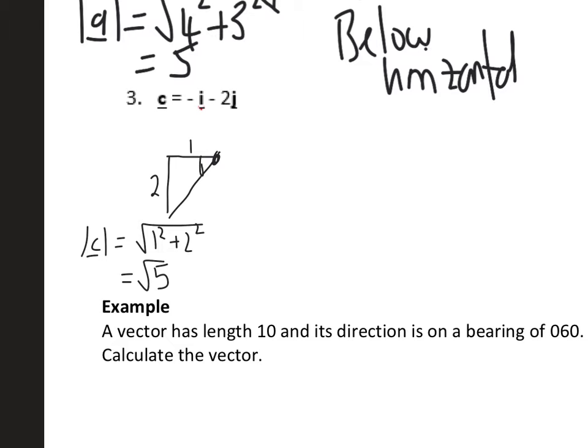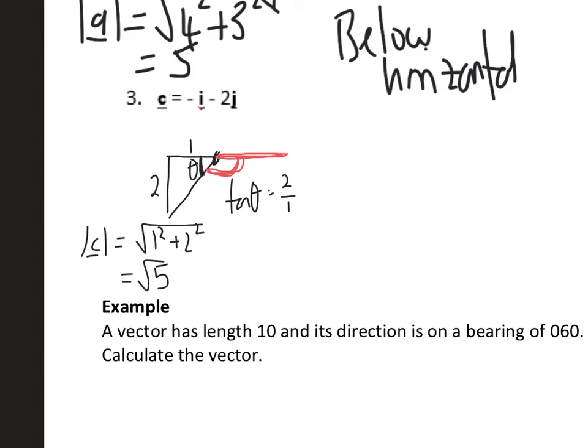And the angle, well, I want this angle here. Because the angle I want is this red angle here. Because if this is the positive horizontal axis, I want this one here. So I'm going to do tan theta is opposite over adjacent.